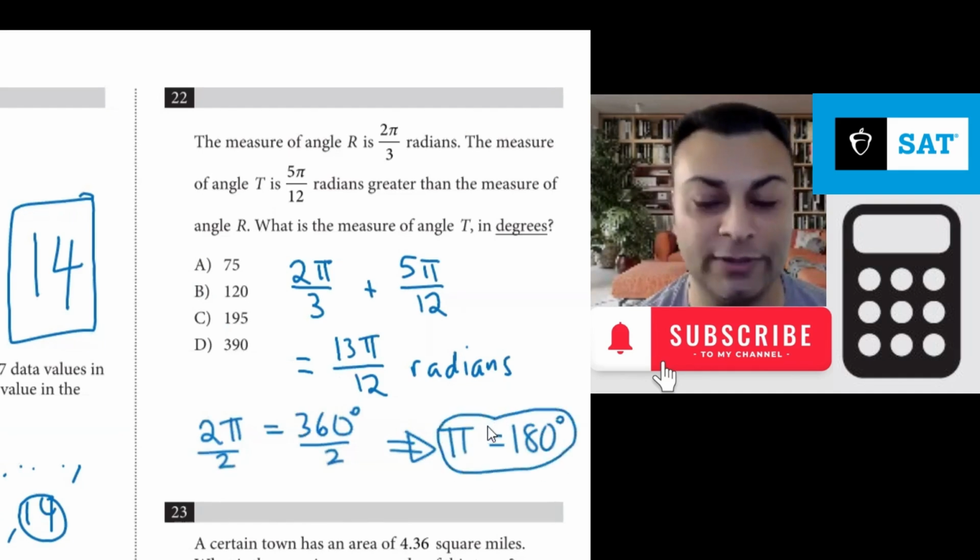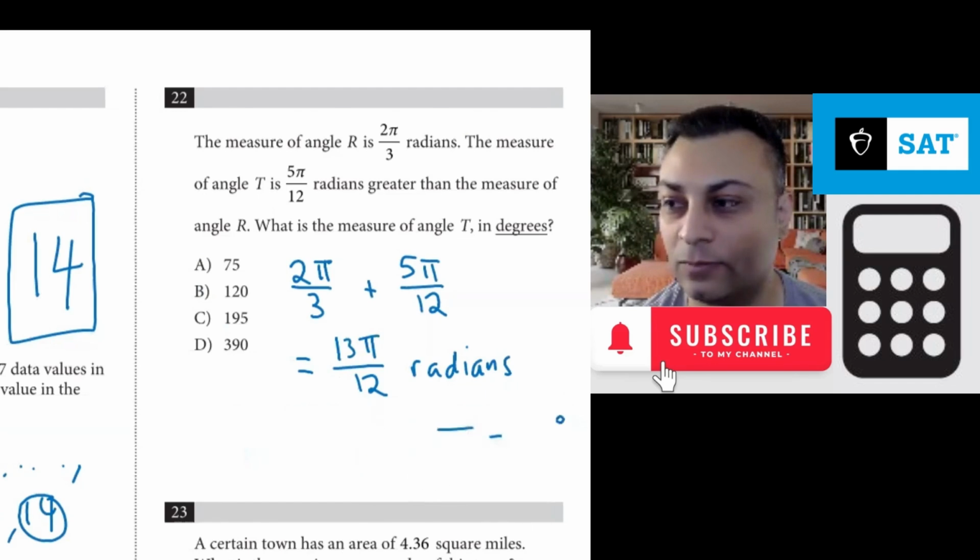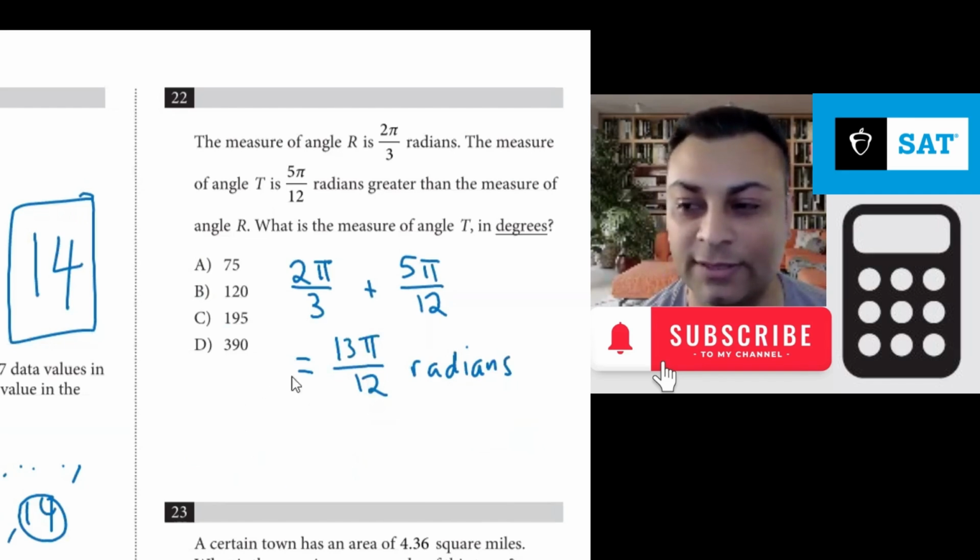Okay, and then with that, we could do that this is 13 over 12, and instead of π, you put in 180 degrees. That's one way to go about this, because π is 180. Then you get 13 times 180 over 12. Let's use the calculator for that.